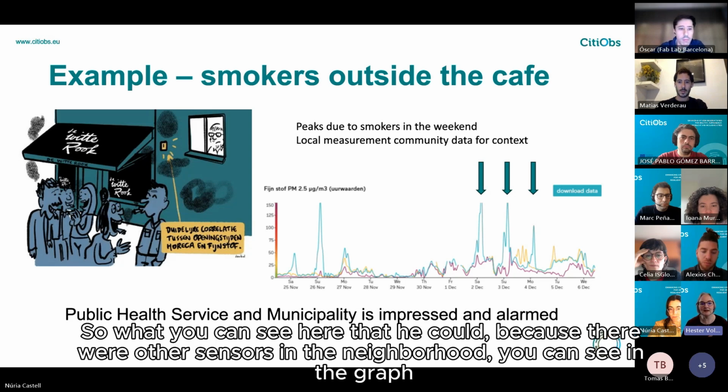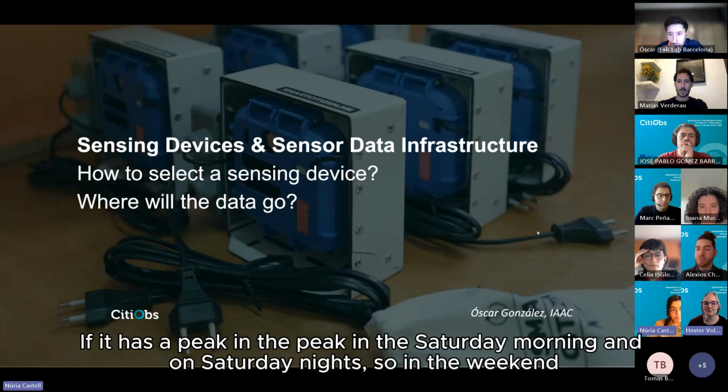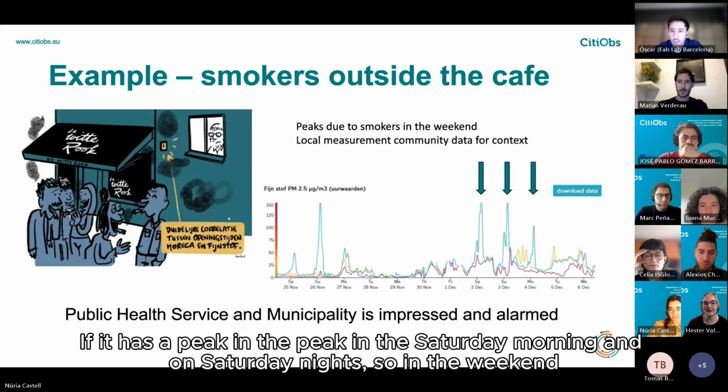So what you can see here is that, because there were other sensors in the neighborhood, in the graph you can see that most of the time these sensors showed exactly the same behavior, except on Friday nights, there is a peak in the Saturday morning, and on Saturday nights.